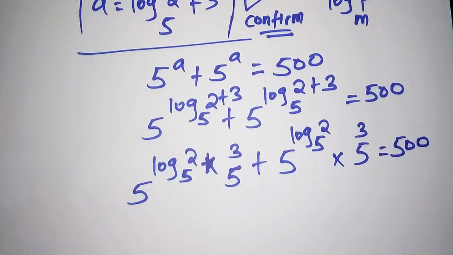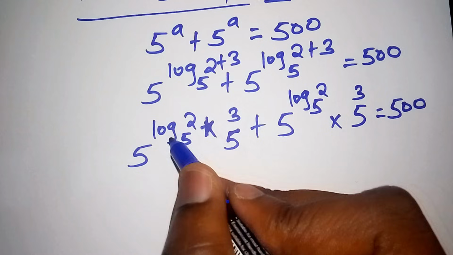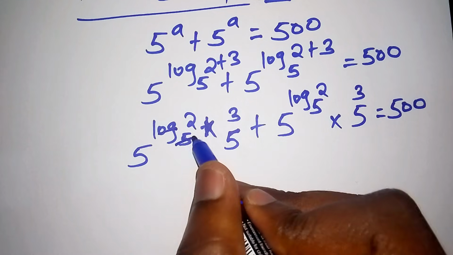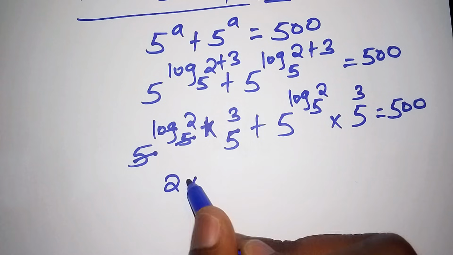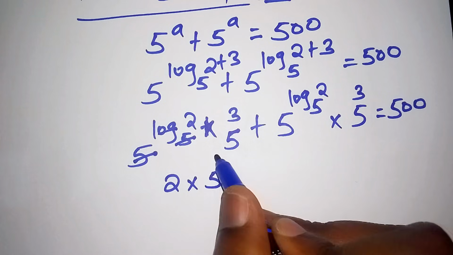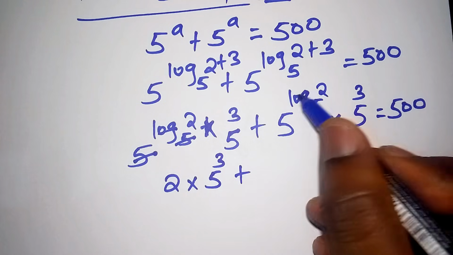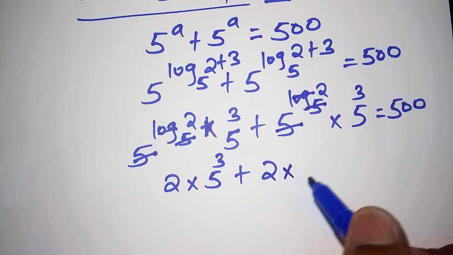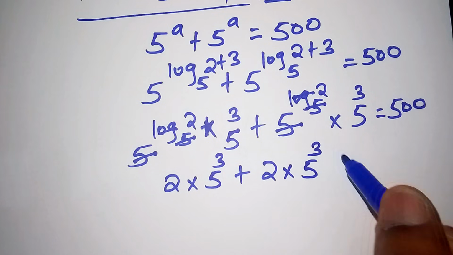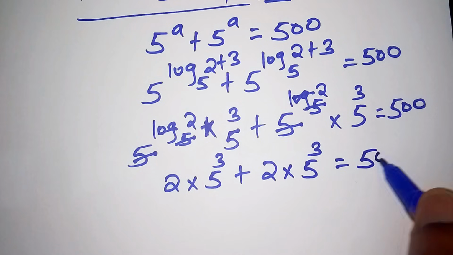Next, the log to the base of 5 shall cancel this 5. So we shall remain with the 2 multiplied by 5 to the power of 3, plus the log to the base of 5 cancels this 5, 2 multiplied by 5 to the power of 3, is equal to 500.